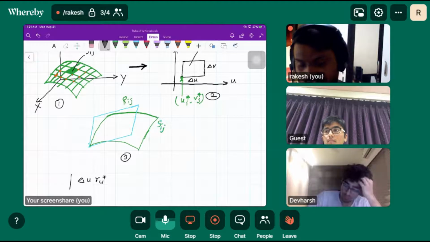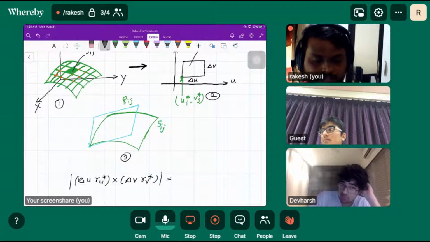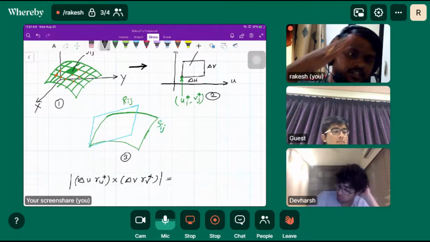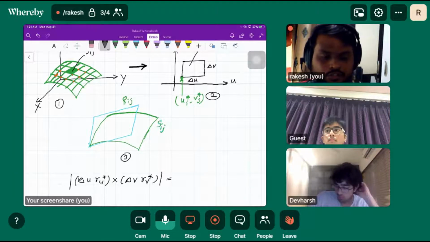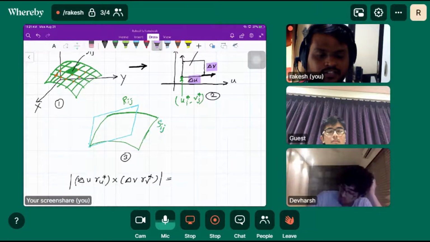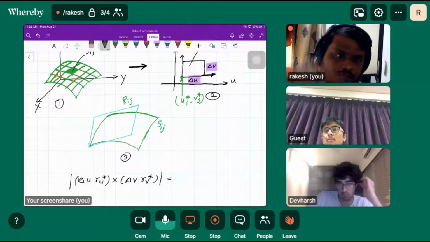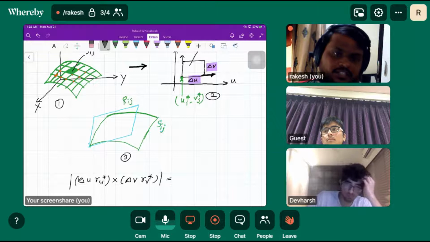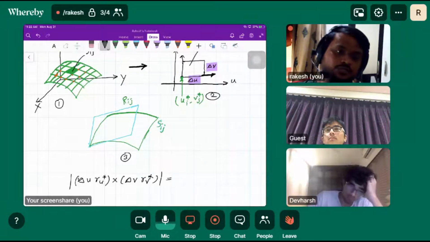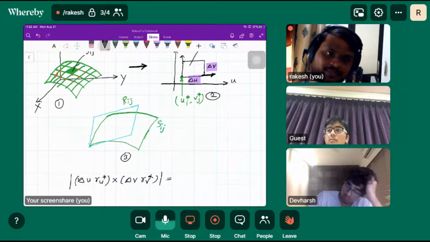So the area of this parallelogram will be del u ru star cross del v rv star. This partial derivative is giving you the direction along the u axis and along the v axis, and these are the magnitudes of length. Suppose this is a parallelogram, I should have drawn the parallelogram properly. If you can recall the sine rule, the area of a parallelogram is a cross b, that is ab sine theta.